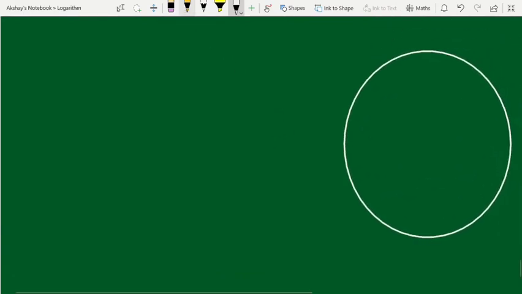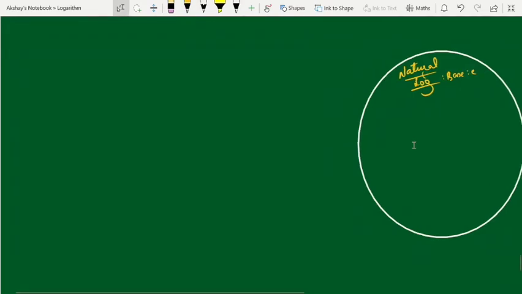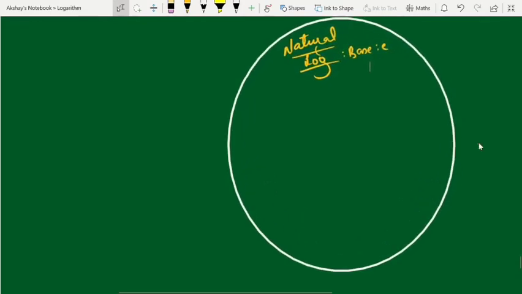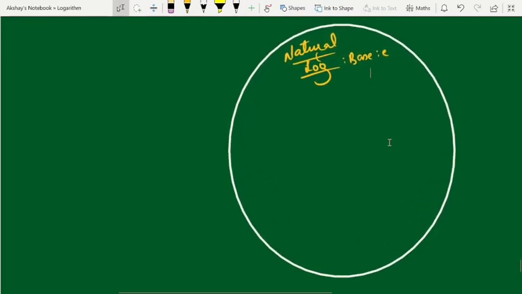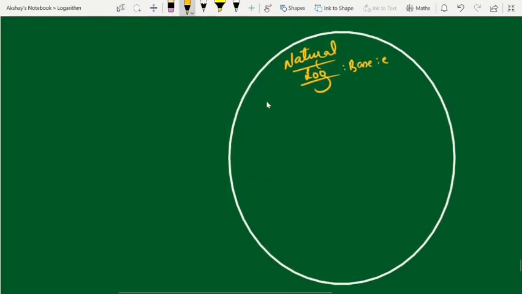This part we are studying is natural logarithm. The base value for natural logarithm will be e.